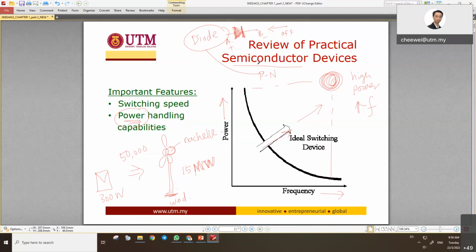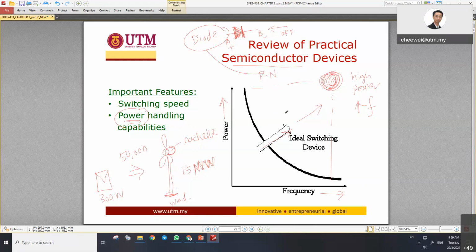We know that all semiconductors have their own limitations. For IGBT, just now you said it can only handle 1 point something kilovolt, for example 1 kilovolt. Is 1 kilovolt able to be used in this 15 megawatt? We're not sure, it depends on the design.